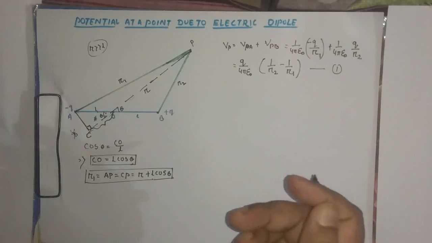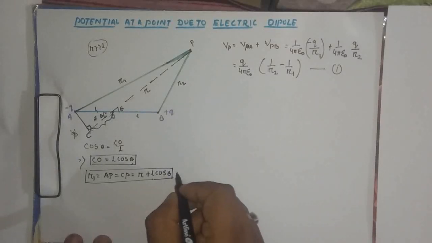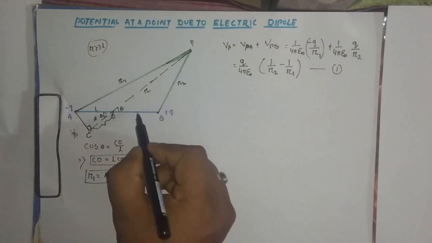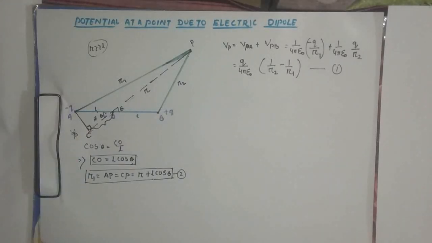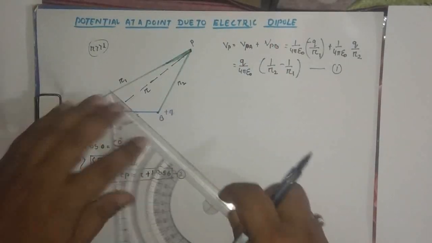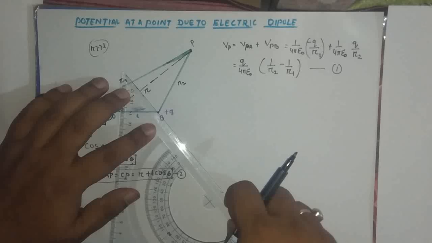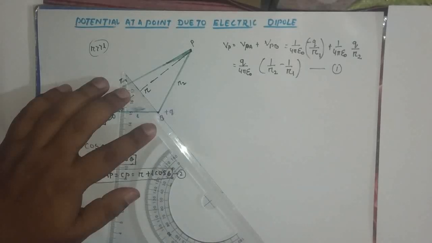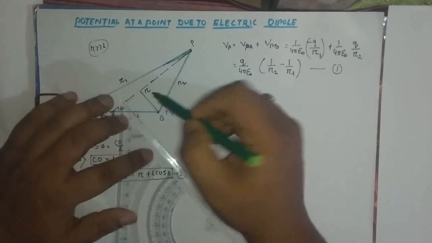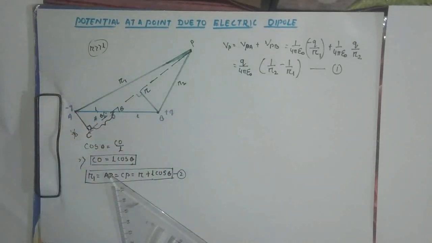My question is, similarly I need to find R2. Obviously compared to R, R2 is smaller. Let us draw a perpendicular here. So this is the perpendicular.